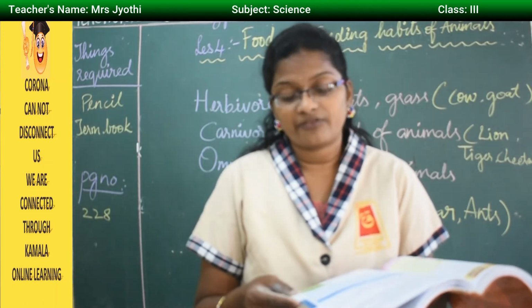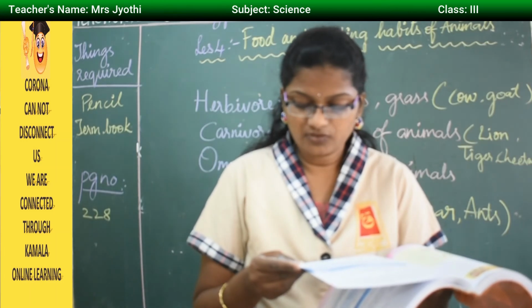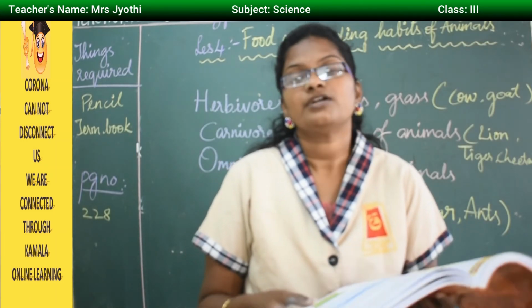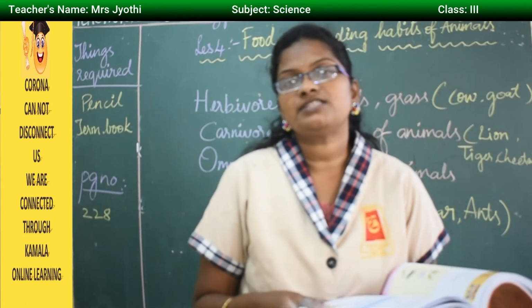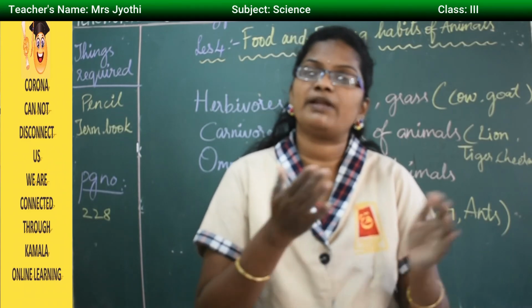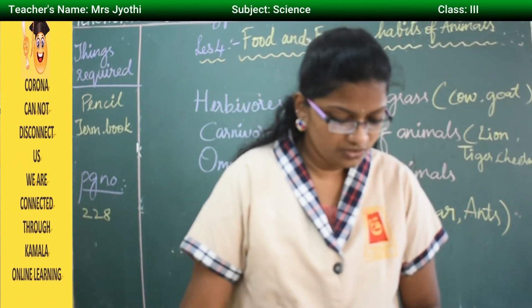So here you have, ants are omnivorous animals and therefore eat a mixture of both plants and animal matter. So here ants come under omnivores because they eat a complete mixture of both plants as well as animals.